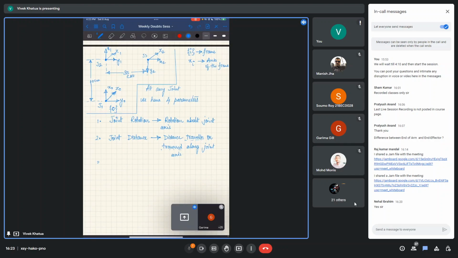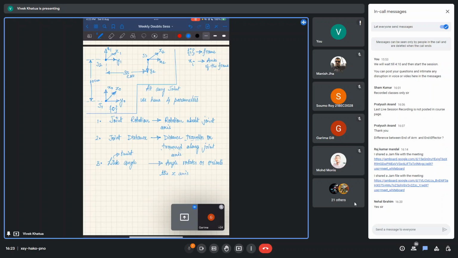The third thing is the link angle or twist angle. This angle rotates or orients the z axis.